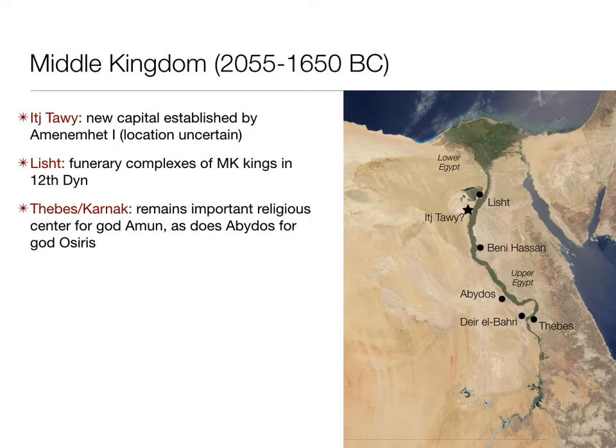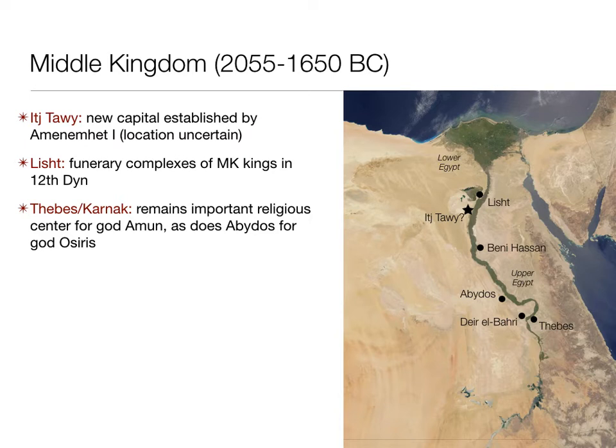But you also have Abydos, which we mentioned early on, as a very important religious center since the pre-dynastic. In the Middle Kingdom, the god Osiris, the king and god of the afterlife, of death, takes on increasing prominence, and this is centered, as it always has been, at Abydos.